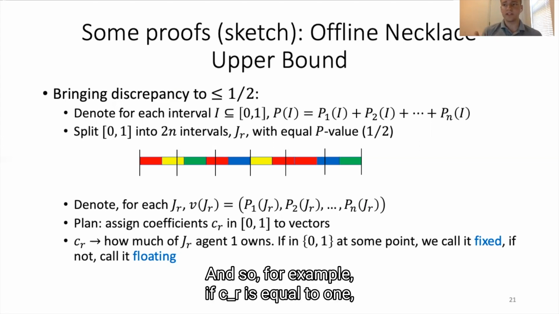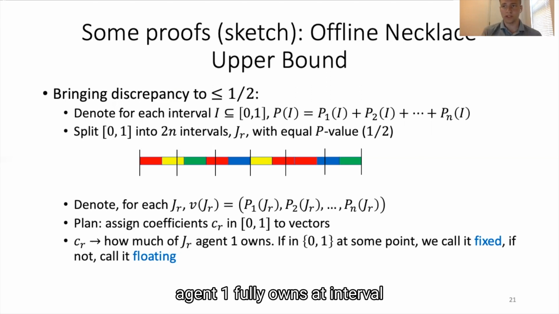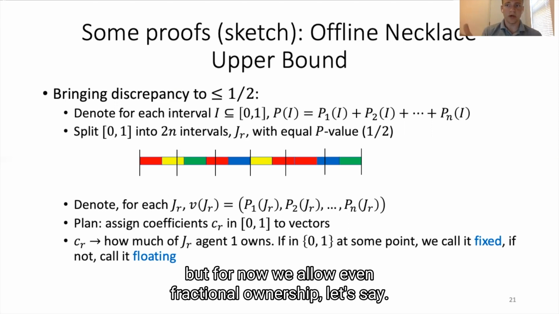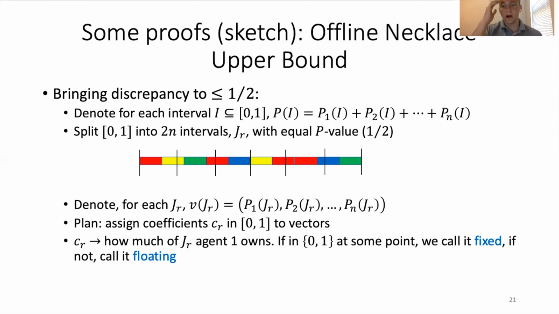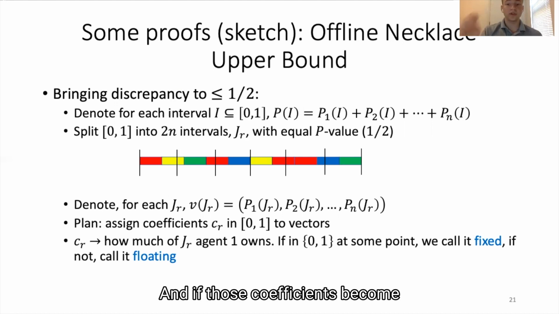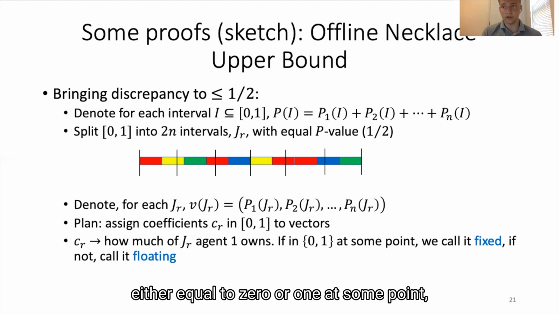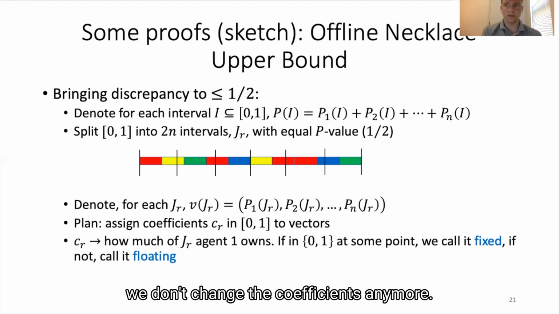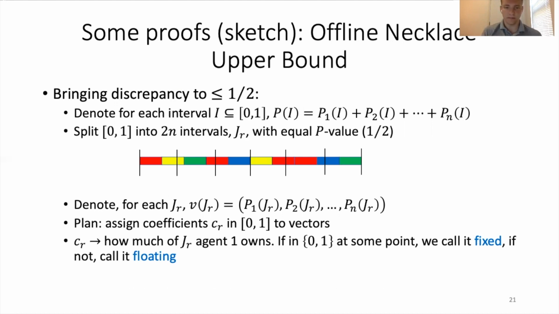And so, for example, if CR is equal to 1, agent 1 fully owns that interval. If it's 0, agent 2 fully owns that interval. But for now, we allow even fractional ownership. And if those coefficients become either equal to 0 or 1 at some point, we call them fixed. If not, we call them floating. And when they're fixed, we don't change the coefficients anymore.